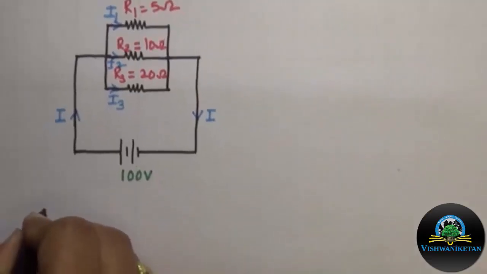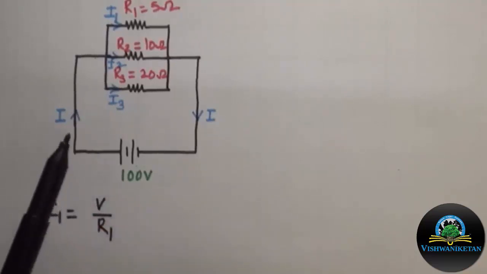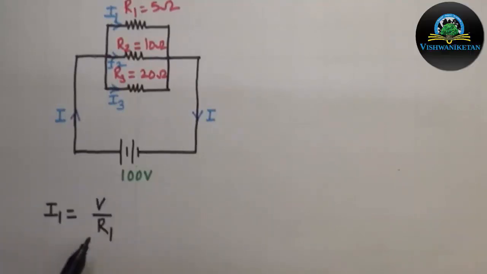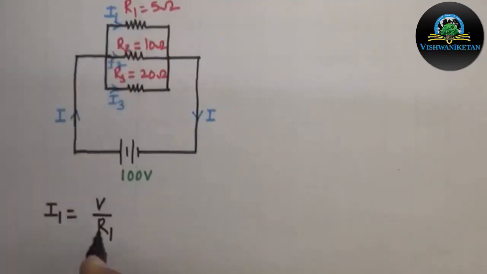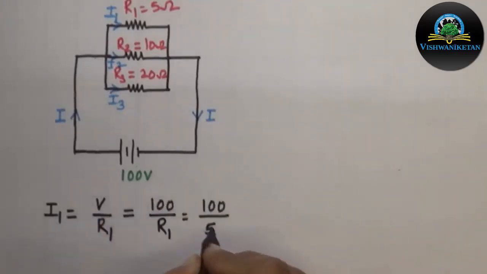Current I1 can be calculated as I1 equal to V divided by R1, where V is the supply voltage which is 100 volt and R1 is the resistance through which current I1 is flowing. The value of R1 is 5. So by substituting the values of V and R1, we get I1 as 20 ampere.